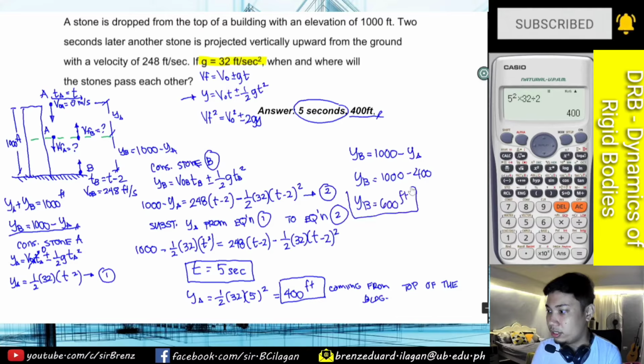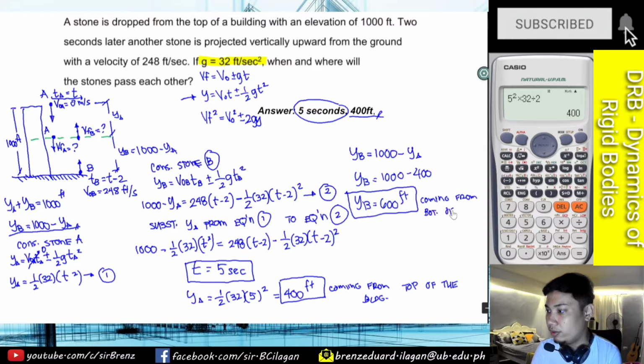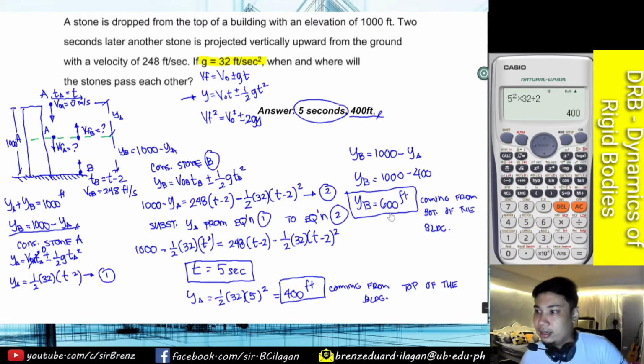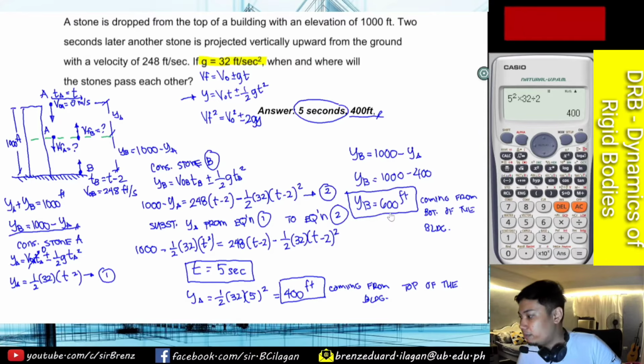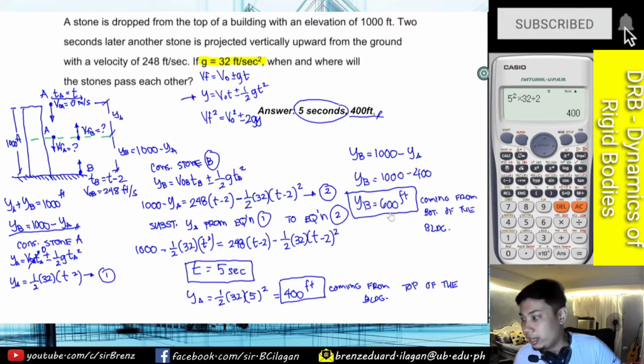So this is considered also correct, ha? So coming from bottom of the building. Ayan. So kung ganyan yung sagot nyo, acceptable naman yan. So check. Alright, so guys, please copy again the problem. I'll give you 2 minutes to copy, and then before we proceed with the next problem.